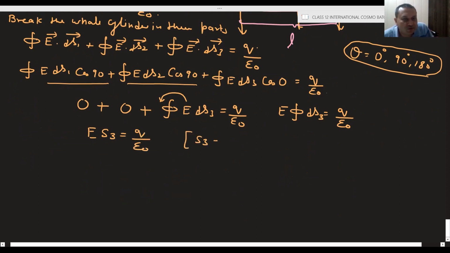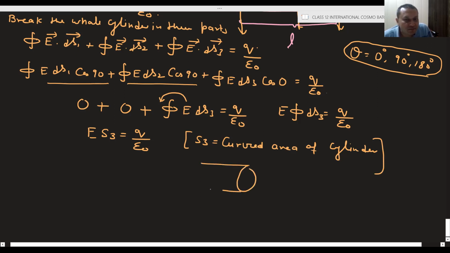and s3 is what? It is the curved area of cylinder, and if the cylinder is like this, this is the curved area, and if the radius of the one side is r, and length of the cylinder is l, then this curved area is 2 pi r l.